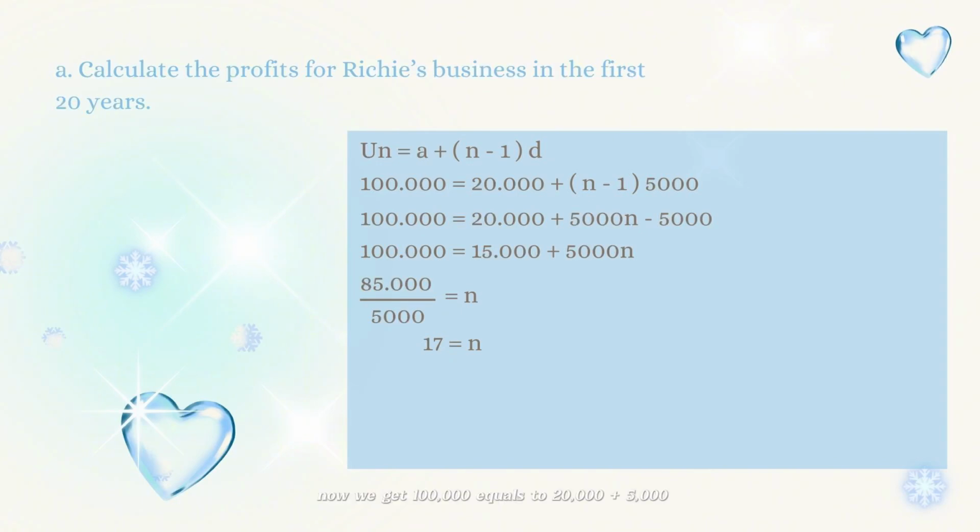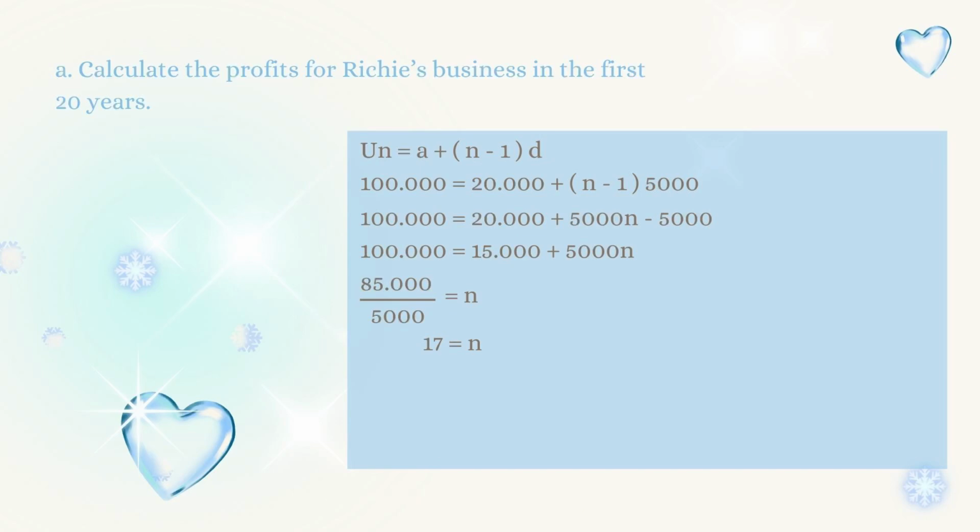Now, we get 100,000 equals 20,000 plus 5,000n minus 5,000. After that, we calculate the 20,000 and the minus 5,000 because they're the same.